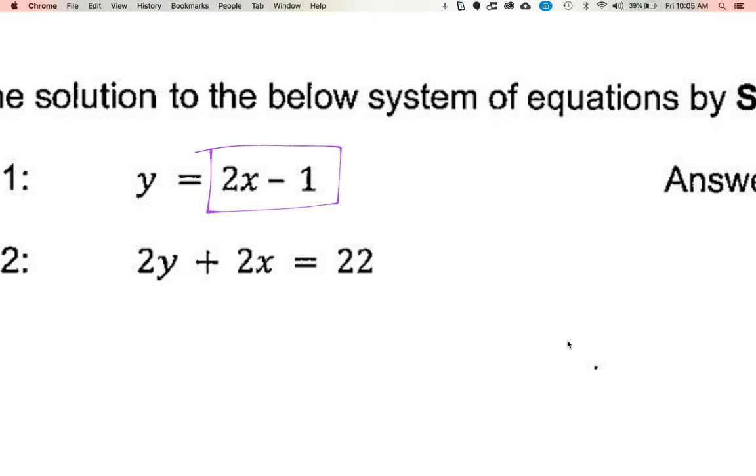Once we have that, we can substitute that in for whatever it represents. So if this said x equals, we would plug it in over here for x.